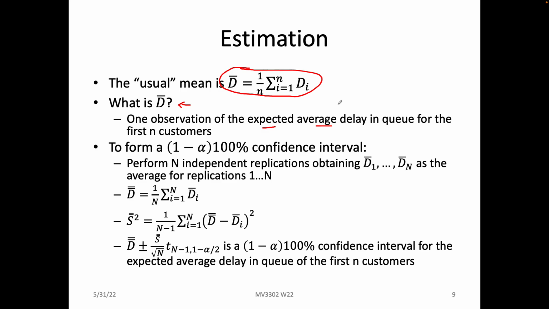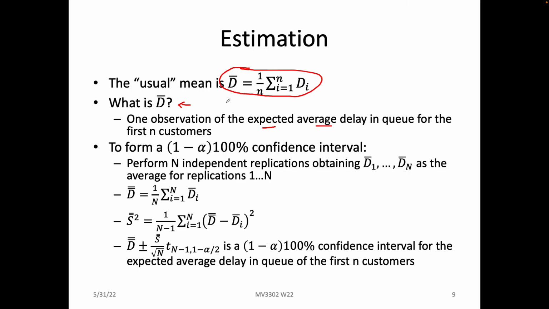But if we run our model once and take the average of our delays in queue for that one run, we're going to say that gives us one observation. But what if we run another replication starting with the same initial conditions and under the same ending conditions?